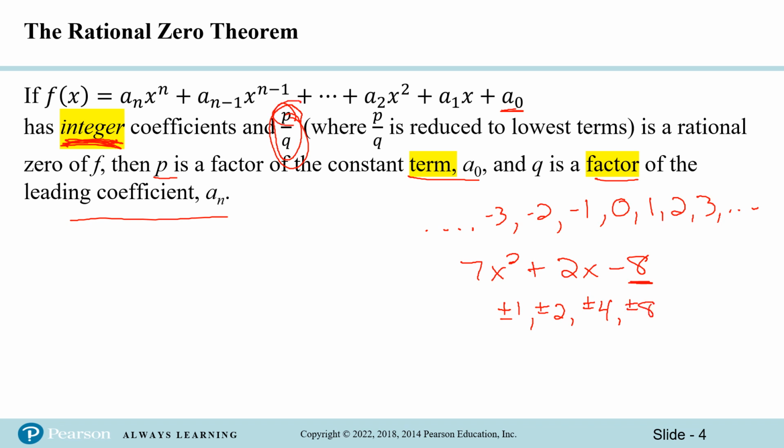So those would be numbers that would go on top of a fraction, and then I would divide that by all the factors of 7. So each of these numbers divided by each of those numbers would give me all the potential rational zeros of this polynomial. How does that, or why do we care about that?